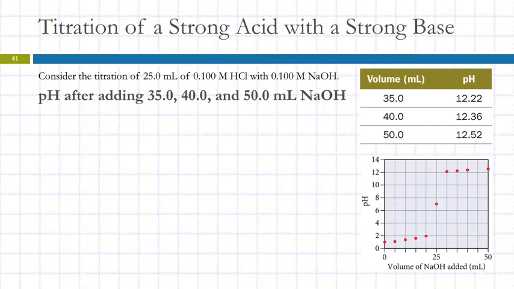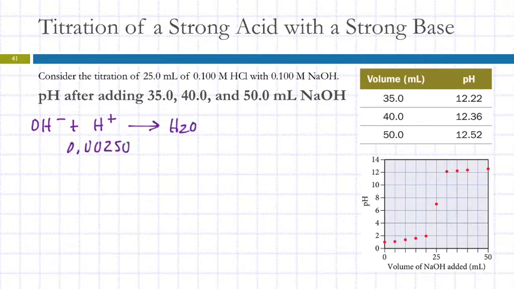What if we keep going? Well, it's going to be a very similar calculation. Let's do 50 milliliters. Let's be consistent. We're doing it that way. So we started out with 0.00250 moles of that.